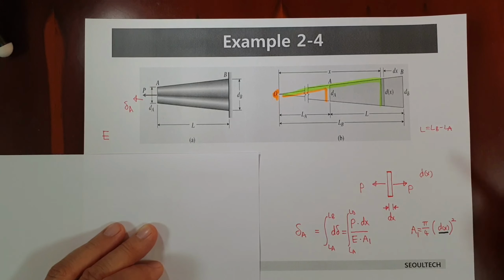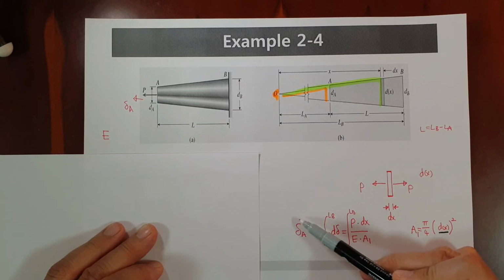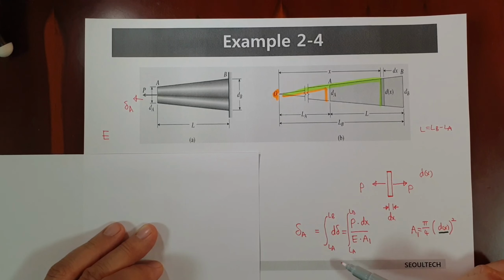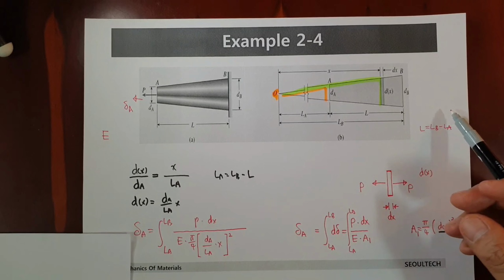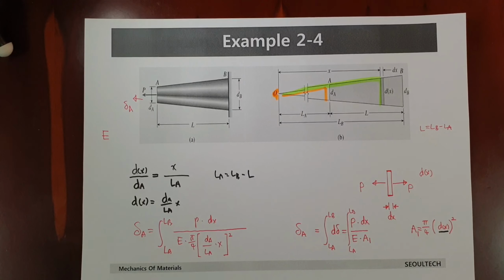Our goal is to find the elongation or deformation, and how we can properly take this integral. In order to do that, we can use the similarity relationship between two triangles.